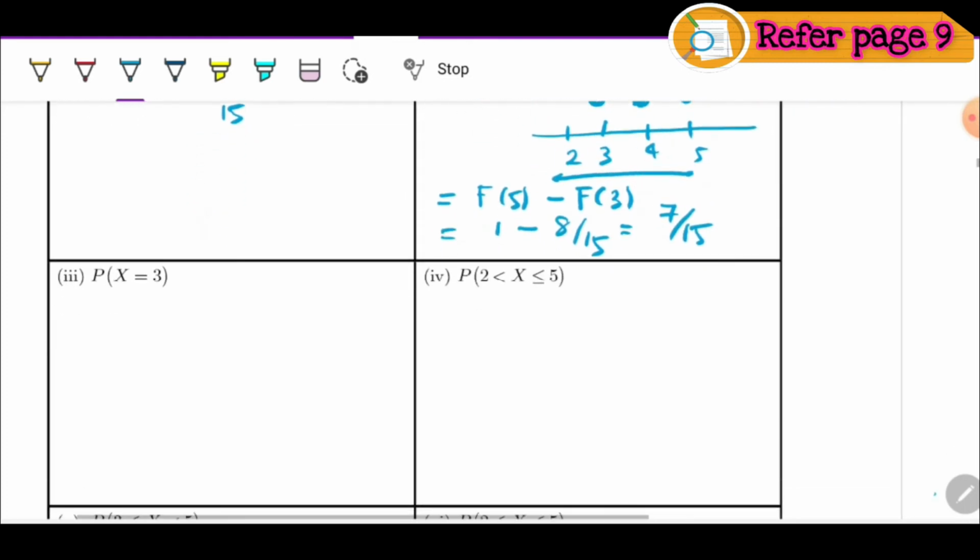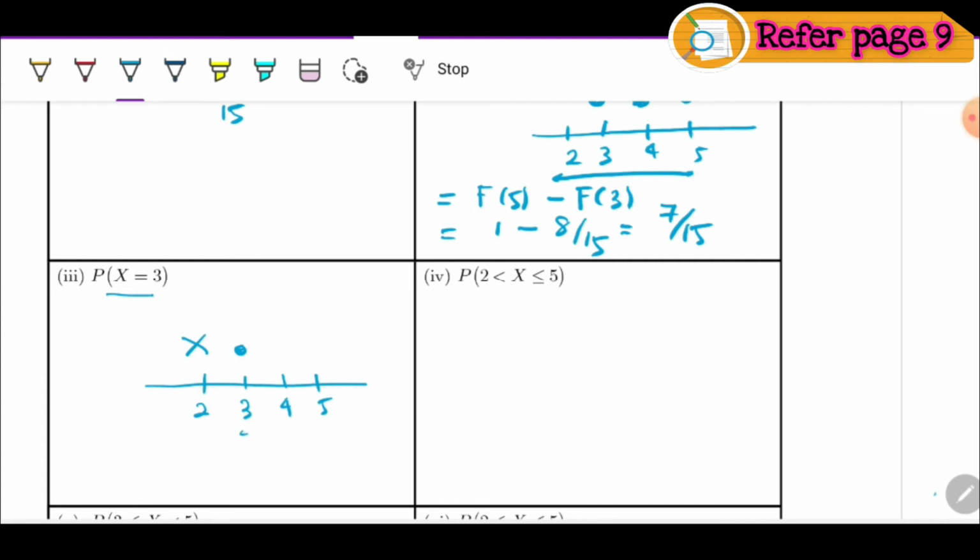Look at question 3. Find the probability when x equals 3. So we draw a number line. Start from 2, 3, 4, 5. So we just want x equals 3 only. So we don't want x equals 2 or less than x equals 2.